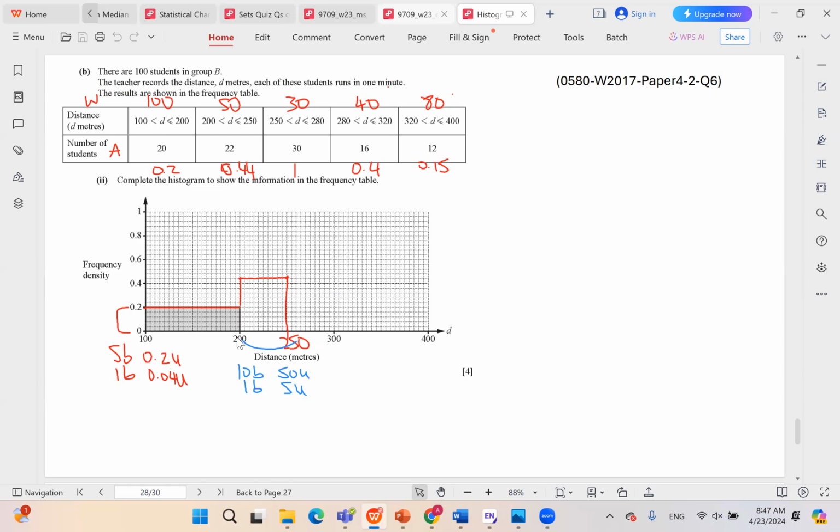So 280 would be 6 boxes after the 250. 1, 2, 3, 4, 5, 6. So there is the 280. Now, the height here is 1 exactly. So 1 means that we just go all the way up to here. So we can just draw the histogram like this.